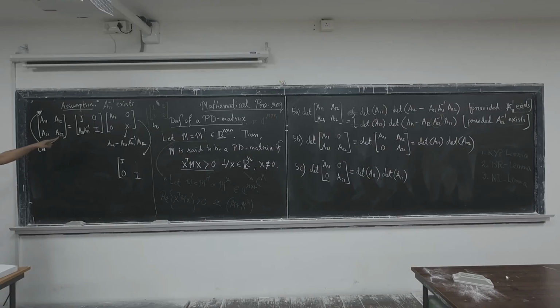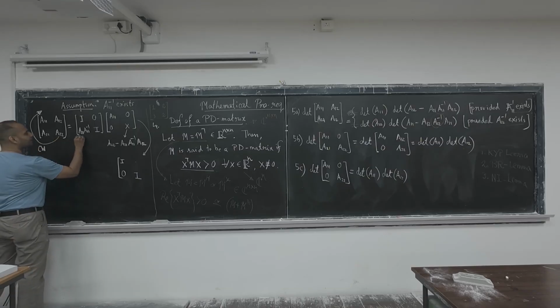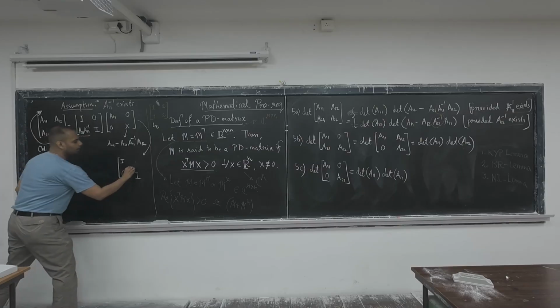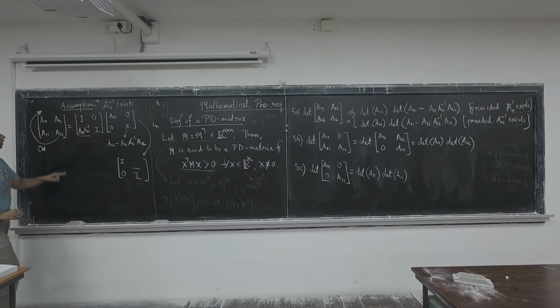Okay. So for this one, you see another pattern here. All of you, please look at my board. A21, A11 inverse. When it is this type of matrix, that means lower triangular, A11 inverse is coming, and then following this direction A22 will go from here.